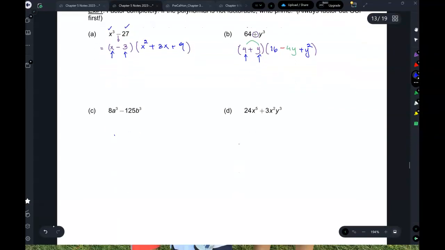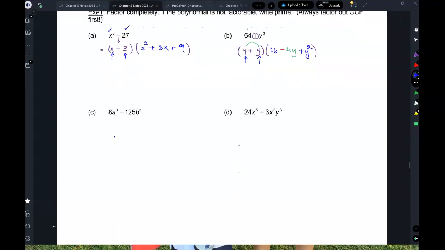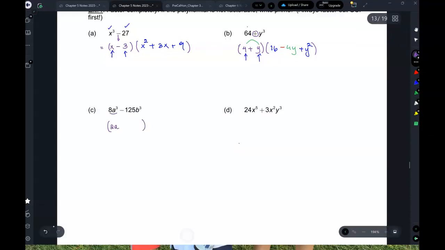Okay, so let's do the next one. Here, I have an 8. Is 8 a perfect cube? It is. It's the cube of 2. And 125 is 5 cubed. So here, first I take the cube root of the first one, 2a. The cube root of the second one, 5b.